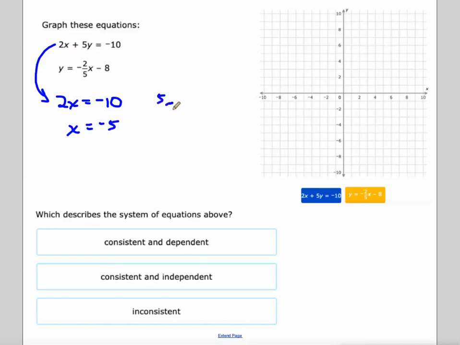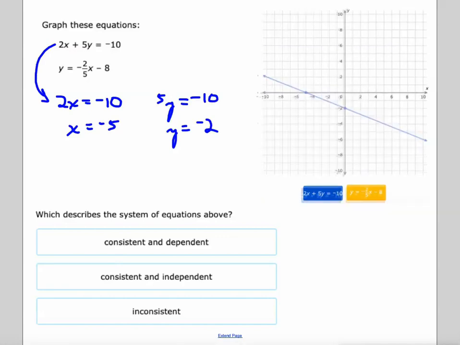To find the y-intercept, I'll rewrite the equation without the x term, divide both sides by 5, and I get the y-intercept. So x-intercept -5, y-intercept -2. There's the graph of 2x plus 5y equals -10.